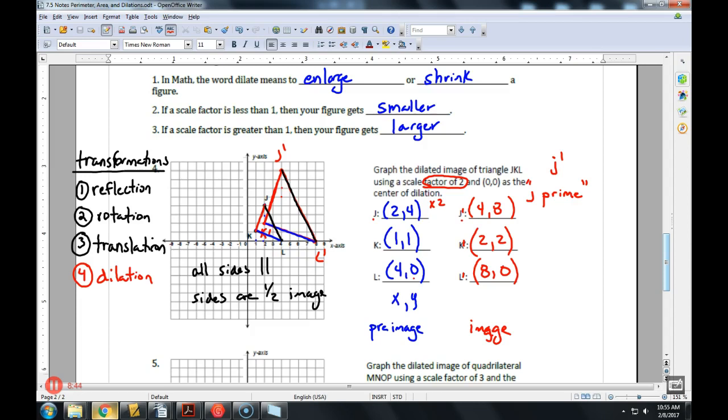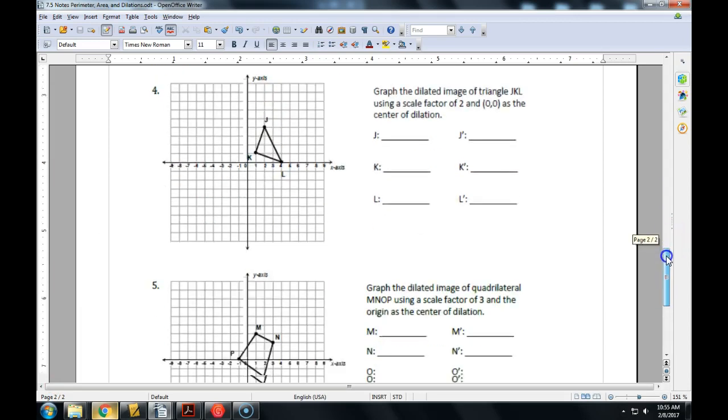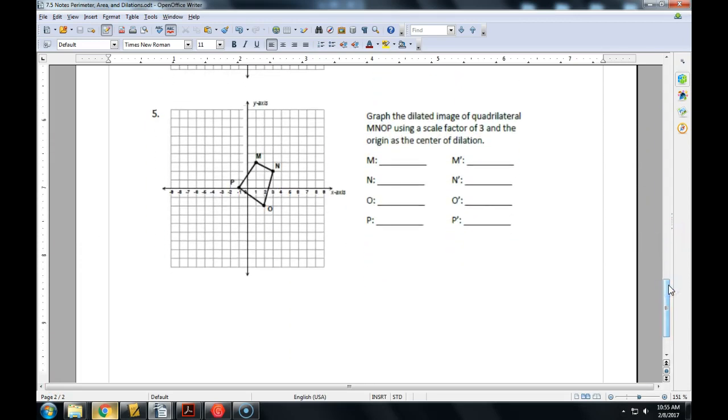So if I were to use the distance formula and calculate some distances, I would see that they were exactly twice as big. All right, let's check out number 5. Key idea here I want you to take away is you multiply the coordinates by the scale factor to get the new shape. We're not going to get too in detail right now. That'll come later in the book.